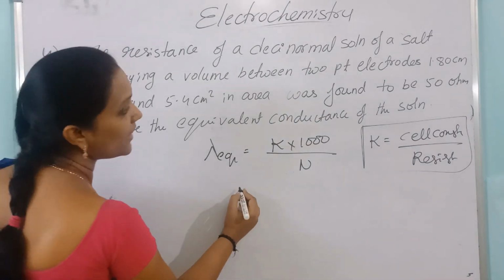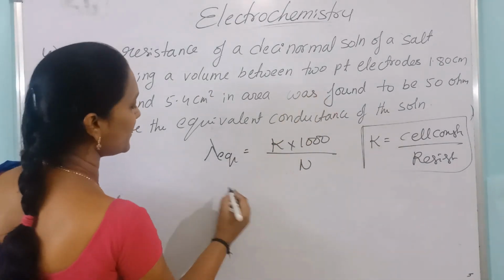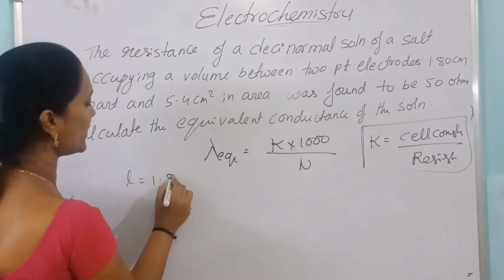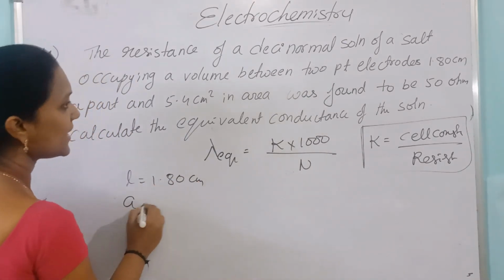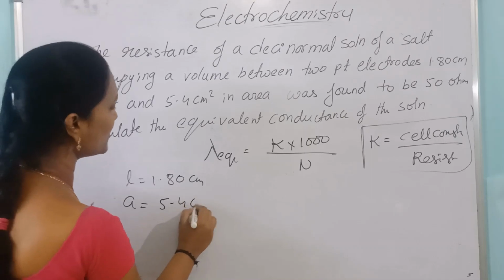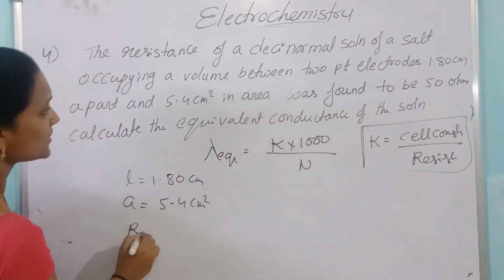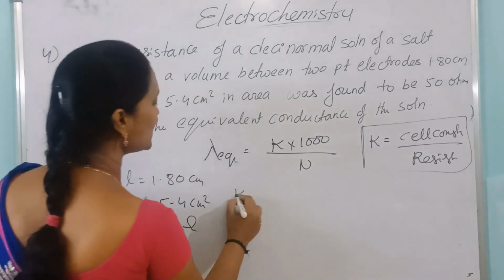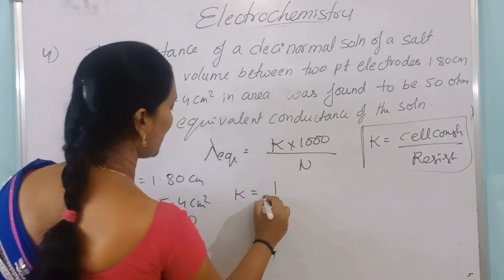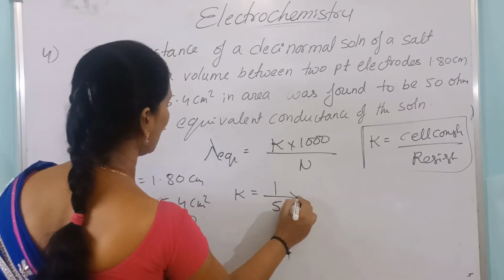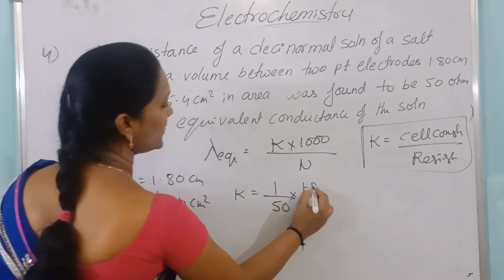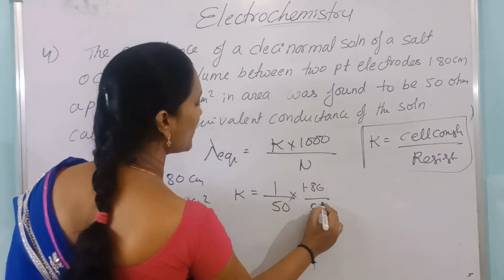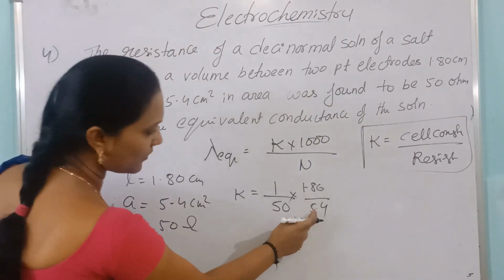So now L by A. What is given? L is equal to 1.80 centimeter, A is equal to 5.4 centimeter square, and R is equal to 50 ohms. Now K is equal to 1 by resistance of 50 into L 1.80 by 5.4, which is equal to 1 by 3.